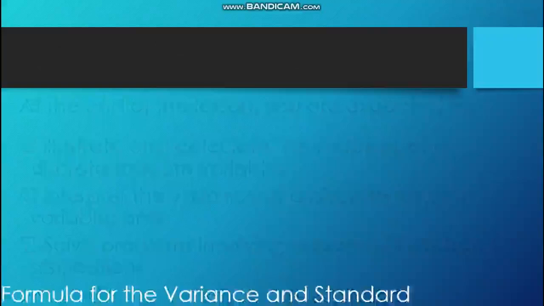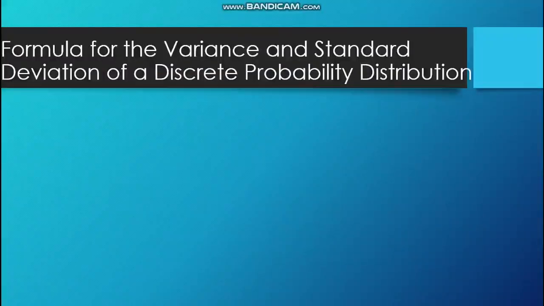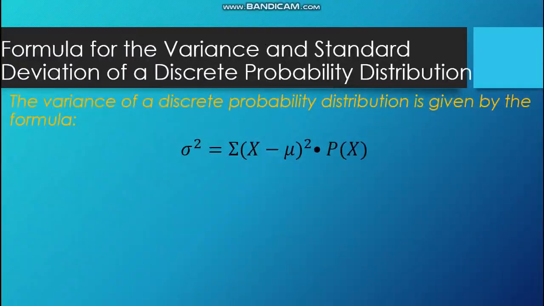Okay, and the formula for the variance and standard deviation of a discrete probability distribution is this one. Thus, sigma squared, that is for the population variance, is equal to the summation of the square of the difference of the value of the random variable x and the mean of the probability distribution times the product of its corresponding probability of the random variable x.